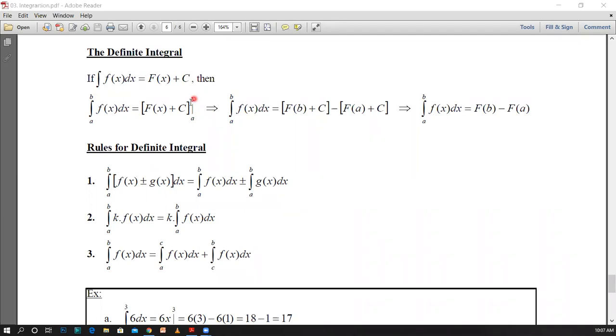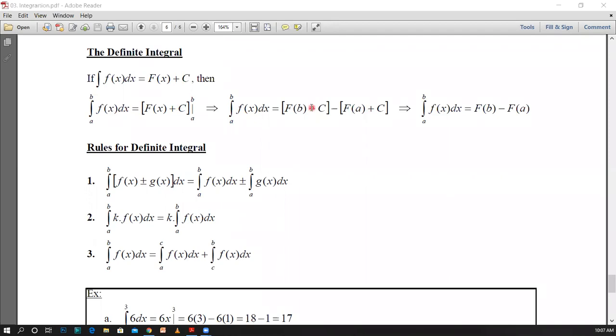First of all, you have to obtain this quantity, and then substitute the upper limit in this answer first. Then use the negative sign, which means you need to take the difference. Then you have to substitute the lower limit in this function.